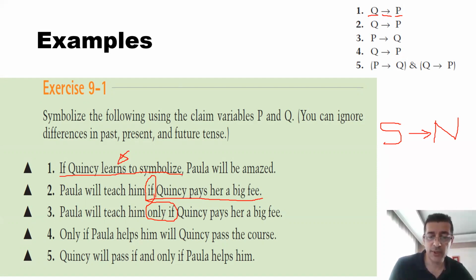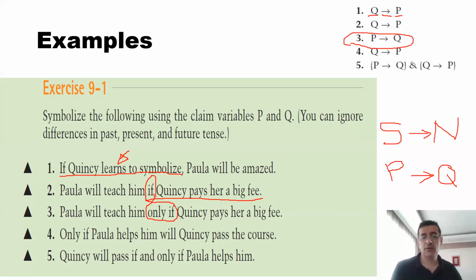So what I need to do is put this Q here in this position, because this operator works like this. So what I do is write P, right? And then my operator, and then Q, as you can see here in number 3. Okay, I think with the same process, you can go ahead with number 4 and 5.